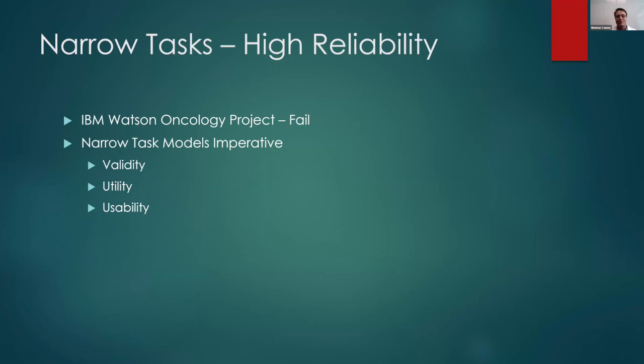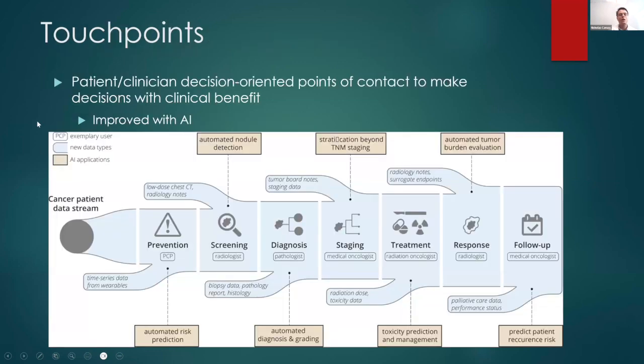If you think of something like rheumatoid factor, that's one blood test that goes into diagnosing rheumatoid arthritis. So with AI, it's going to be narrow tasks with high reliability, and that requires validity, utility, and usability. And we'll be able to utilize AI at clinical touch points.